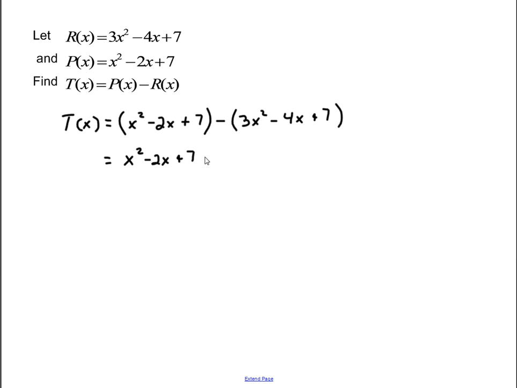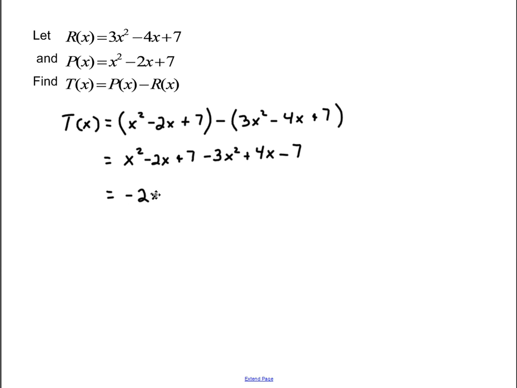The negative times 3x squared is minus 3x squared. We would be subtracting negative 4x, so that's going to be the same as adding 4x here now. We're going to take the negative of positive 7, so that's minus 7. So when we add these together, what happens? x squared take away 3x squared gives us negative 2x squared.